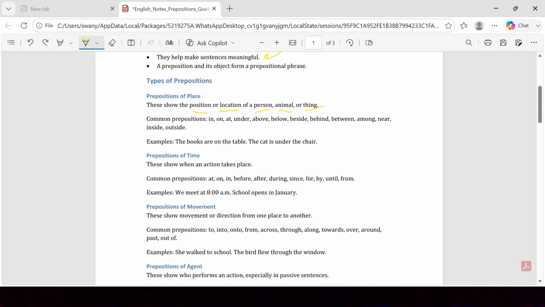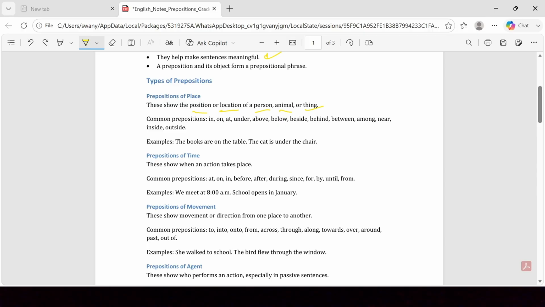We have the prepositions of time. These show when an action takes place. Common prepositions we have: at, on, in, before, after, during, since, for, by, until, and from are examples of prepositions of time.